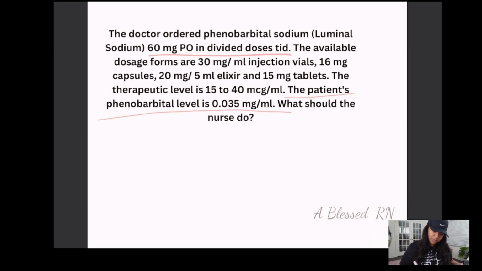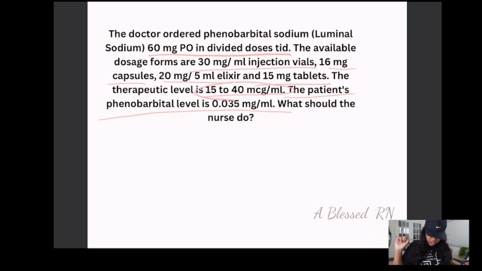Alrighty. The available forms of the drug are an injection, some capsules, elixirs, which have alcohol, and 15 milligram tablets. And then it's telling us that the therapeutic level of this drug is this.